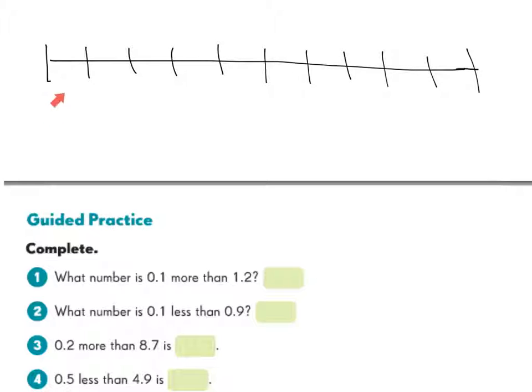What whole number is going to go here, and what whole number is going to go here? We're going to put 8 here and 9 here, because we know that we're talking about 8 7/10. 1/10, 2/10, 3/10, 4/10, 5/10, 6/10, 7/10.